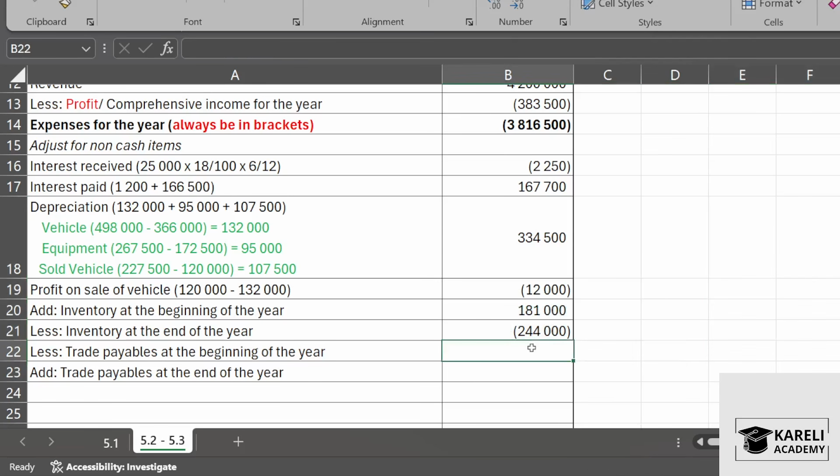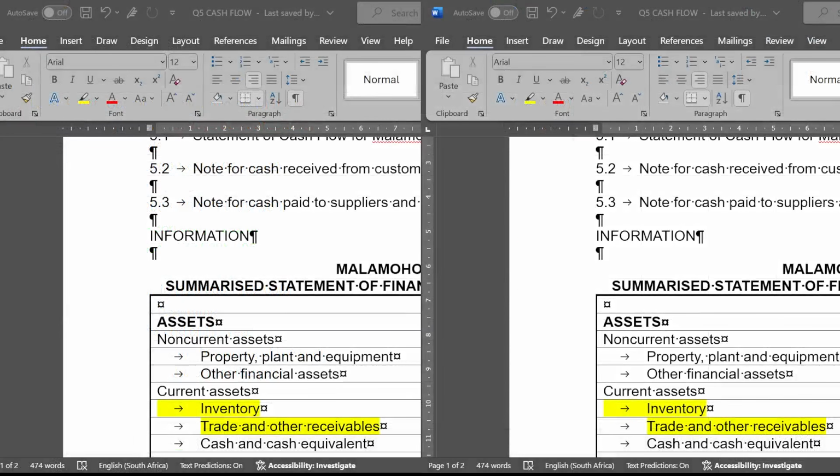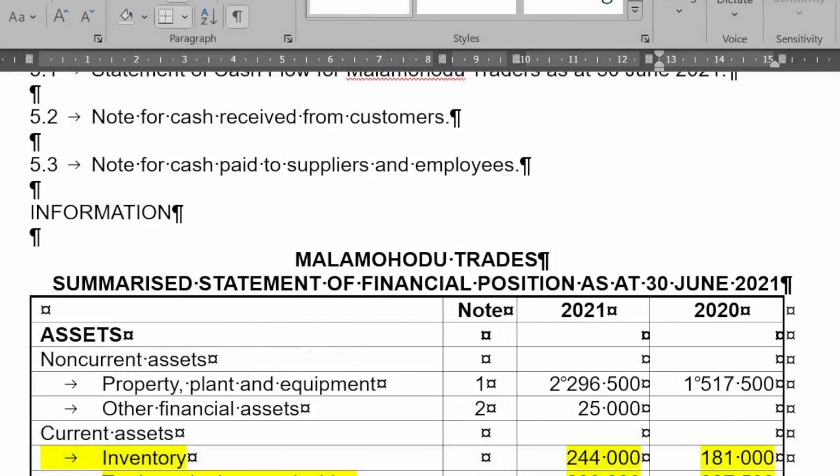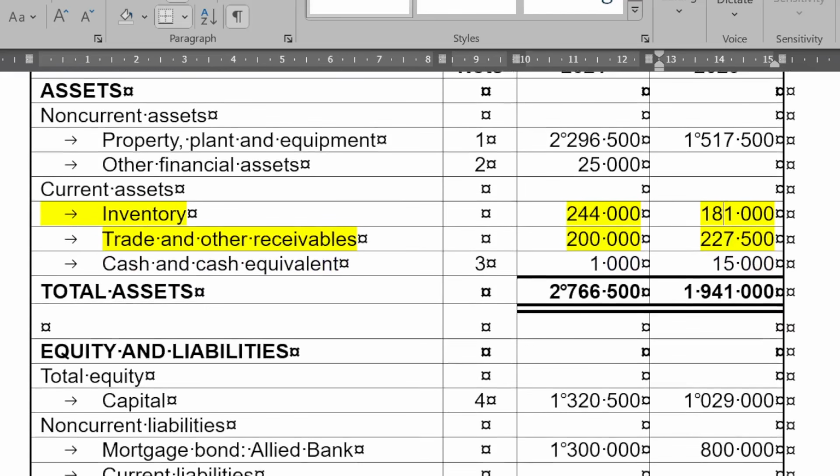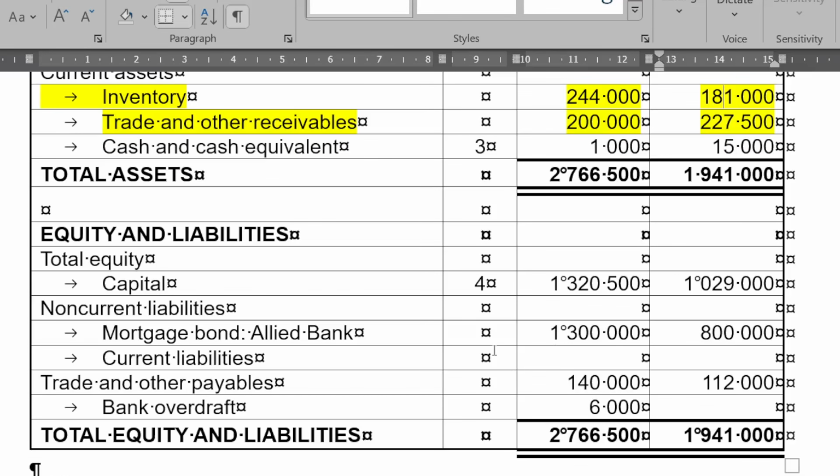And then trade payables. Where do we get trade payables? Trade payables is also found here on the statement of financial position. It's a liability, so let's check under the liabilities. Here is our trade and other payables.